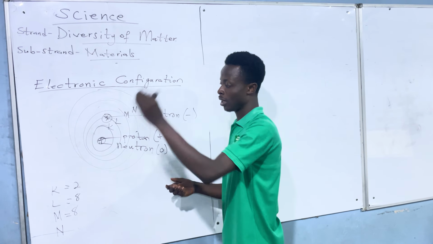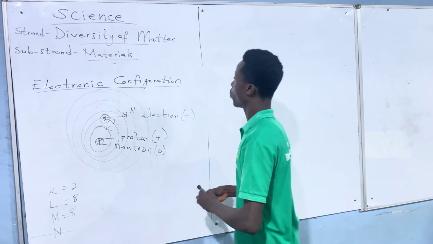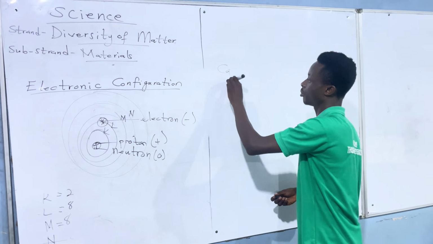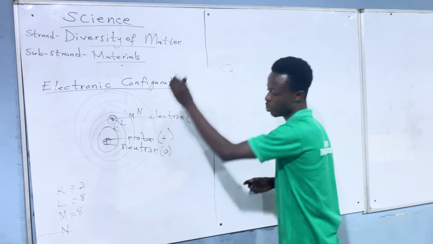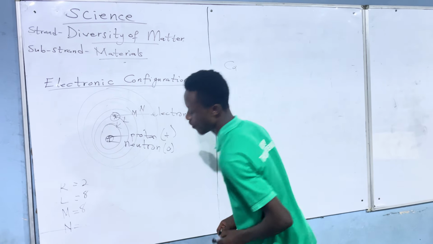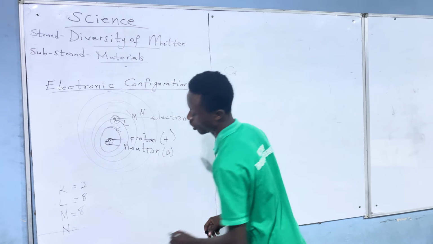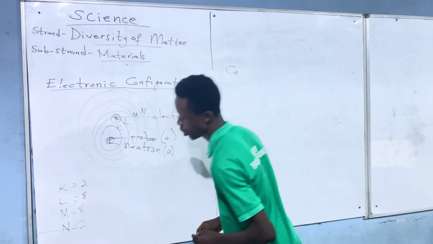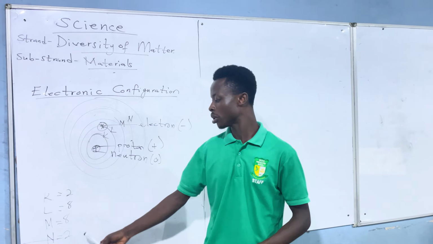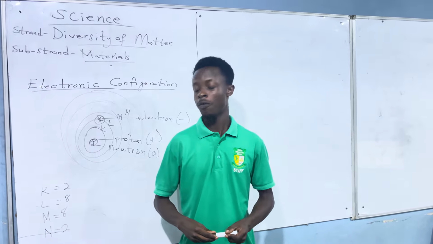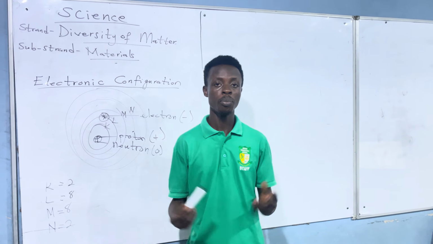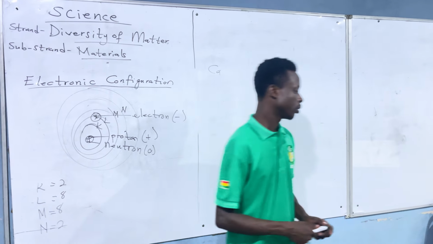And then when you consider calcium, the 20th element, the last electron will be given to the last shell, that is the N shell, that's 2 electrons. So we are going to use this to write the electronic configuration of some elements on the periodic table.